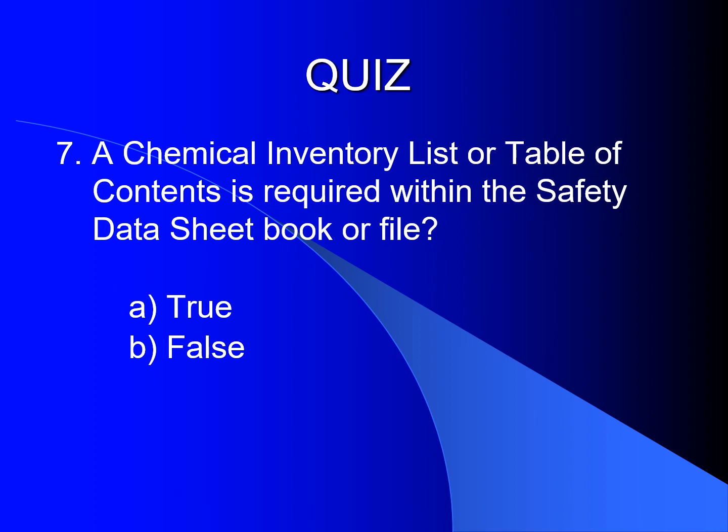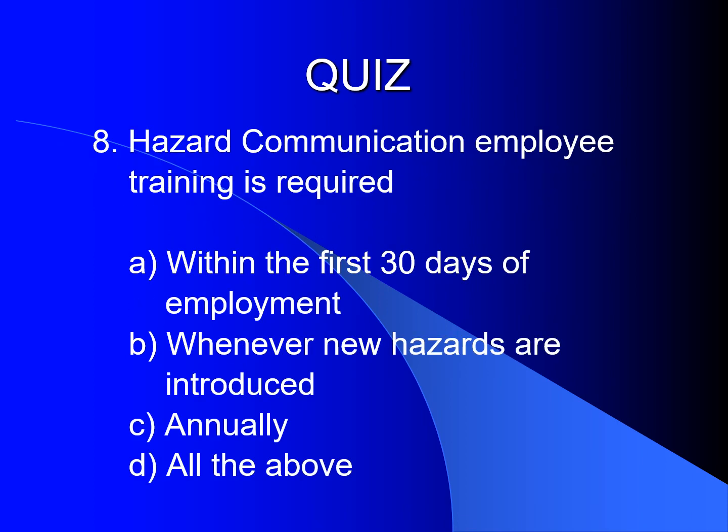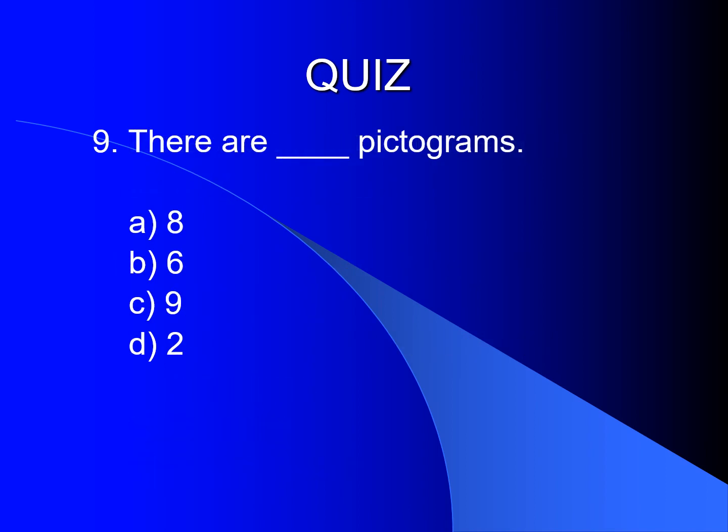Question 7. A chemical inventory list or table of contents is required within the safety data sheet book or file. That is A, true, or B, false. Question 8. Hazard communication employee training is required A, within the first 30 days of employment, B, whenever new hazards are introduced, C, annually, or D, all the above. Question 9.